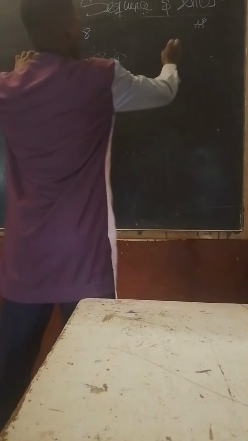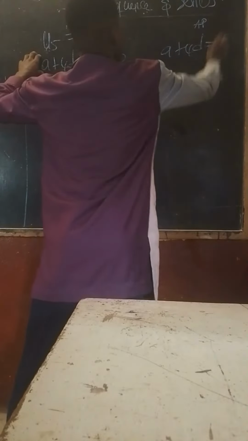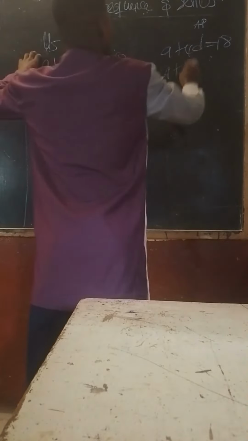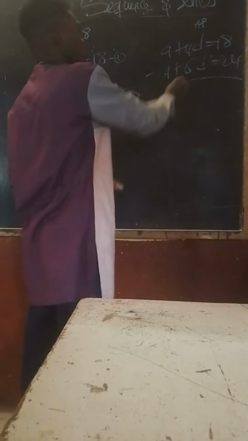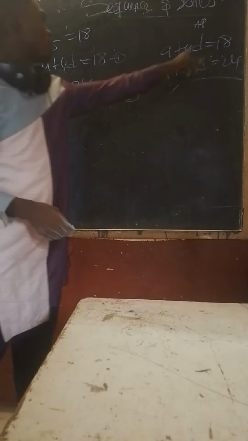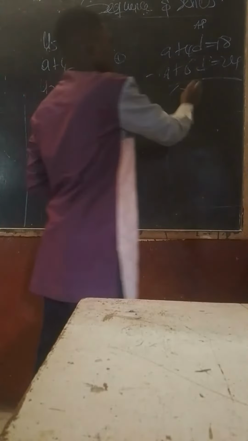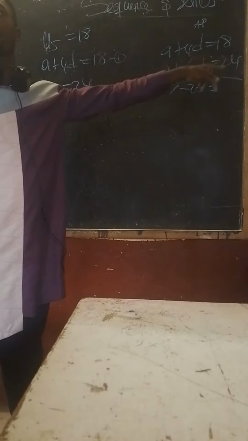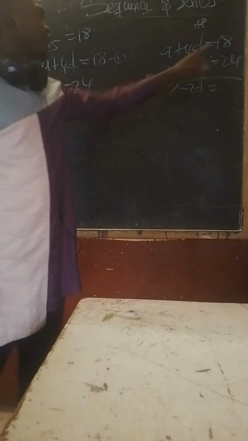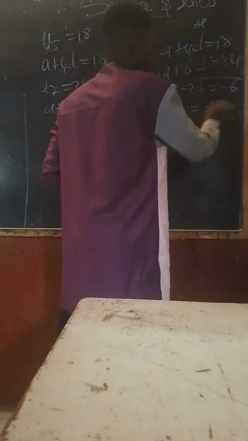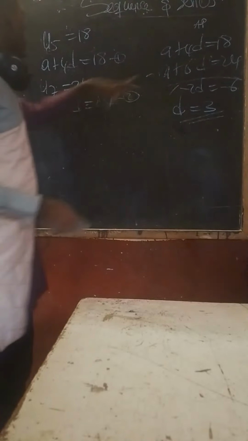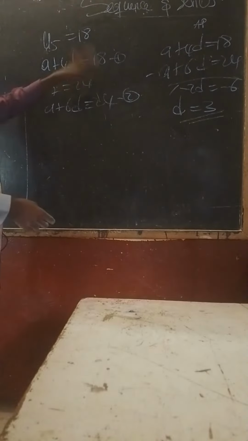A plus 4D is 18, A plus 6D is 24. You subtract. 4D minus 6D is negative 2D. 18 minus 24 is negative 6. So now D is 3.